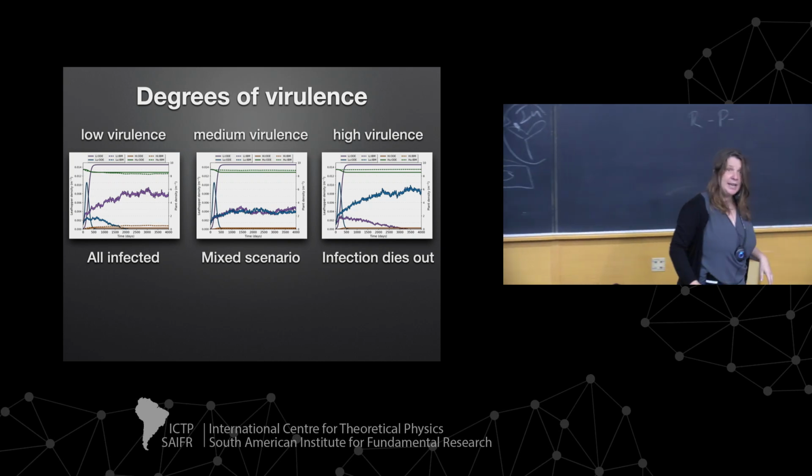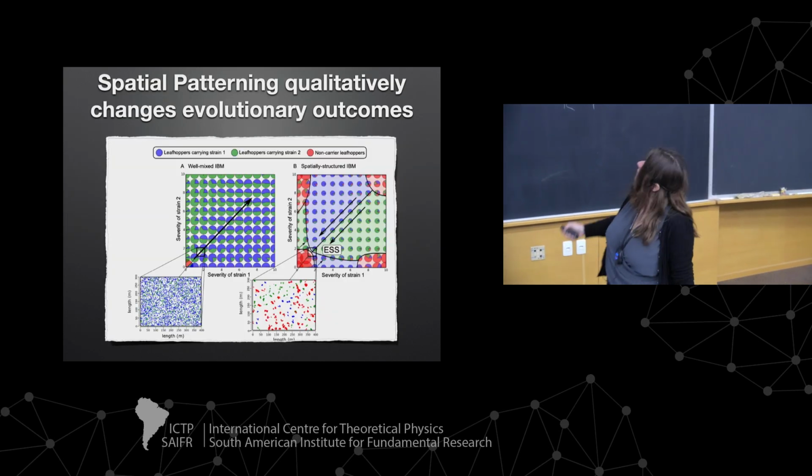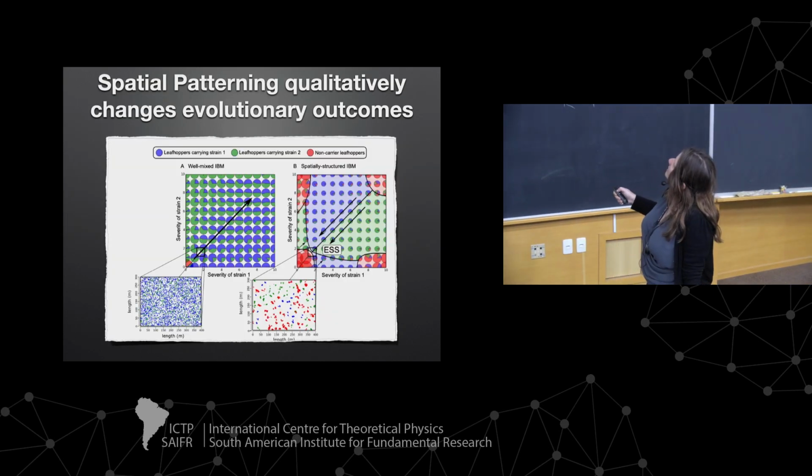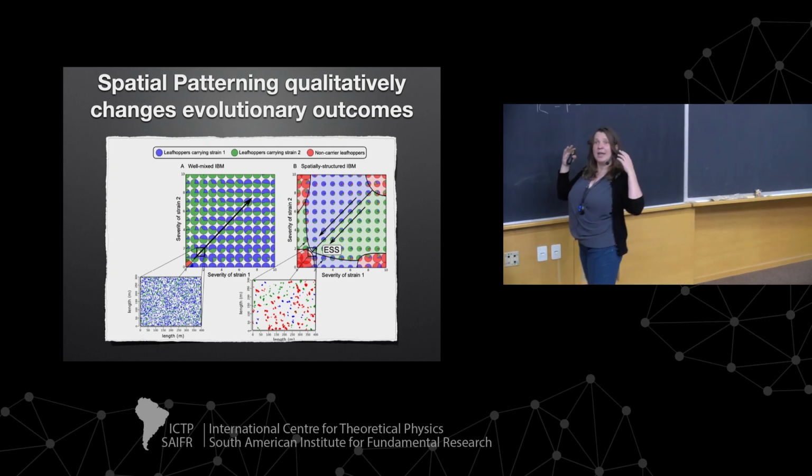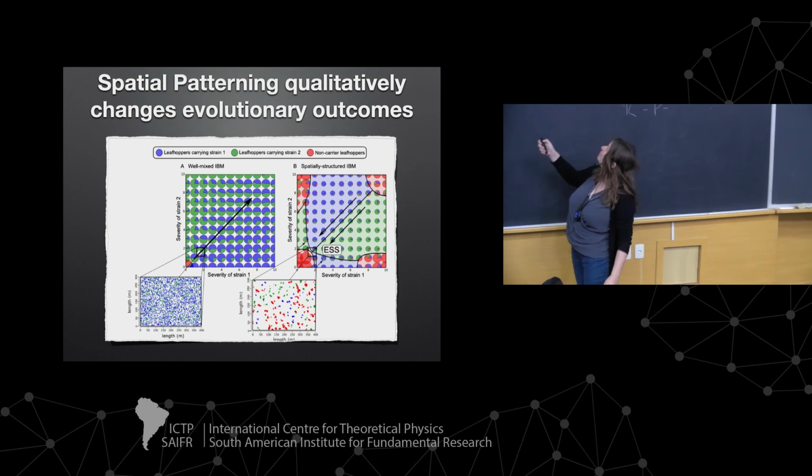And we did this in two cases. In the well-mixed case, you either get one strain winning or the other strain winning. But your tendency evolutionarily is to get each time more virulent. Your disease just goes out of control, and you have zombies. Bad news.